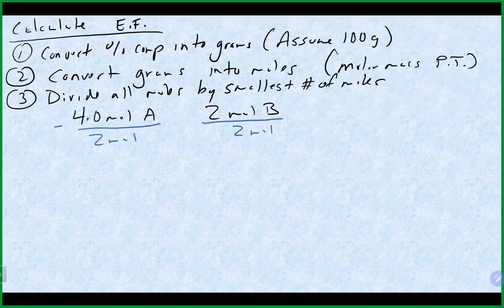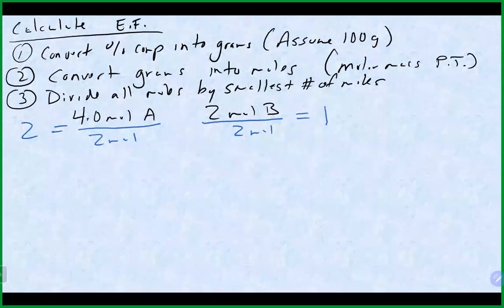And what that would give us for A is 2, and for B would be 1. And if you do this and you actually get whole numbers like we just did there when we divide by the smallest number of moles, that would then be your empirical formula. So that would be your empirical formula if all are whole numbers.